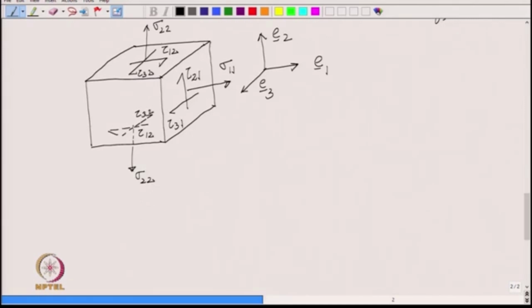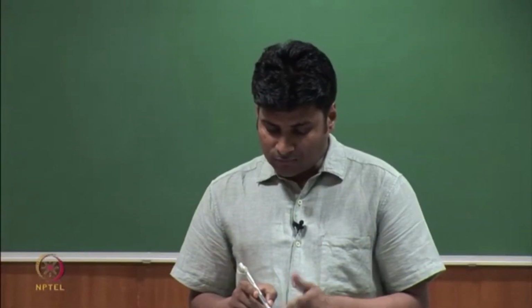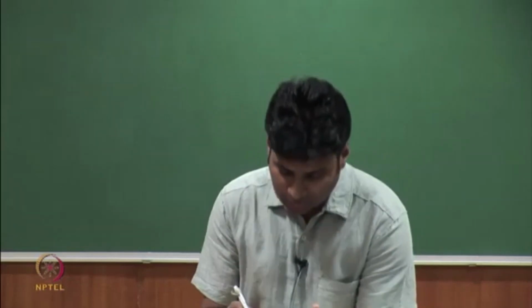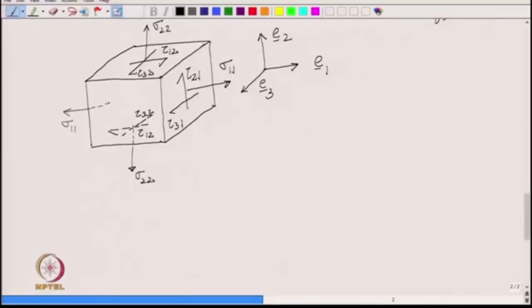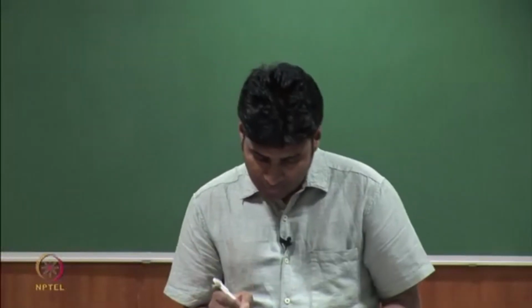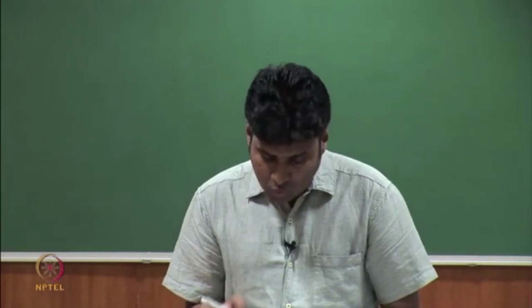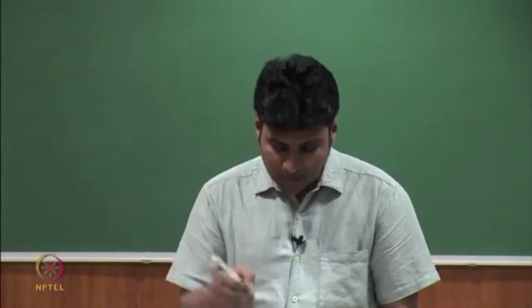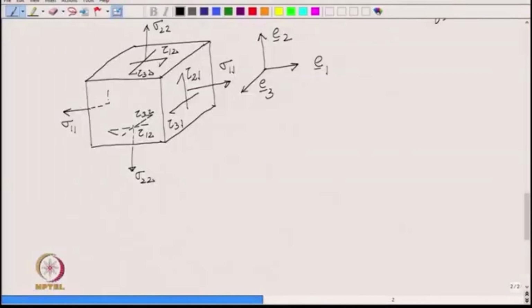There are of course many more faces remaining. Let me do it just for the negative 1 plane. On the negative 1 plane sigma 1 1 points towards the negative 1 direction. On the negative plane everything points in the negative direction, on the positive plane everything points in the positive direction. And then we have tau 2 1, but now it points in the negative direction. So, we have tau 2 1 and tau 3 1.